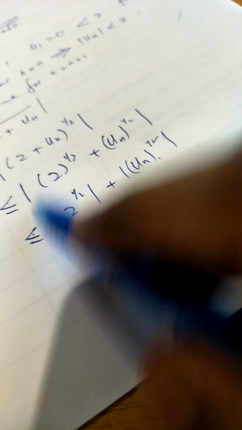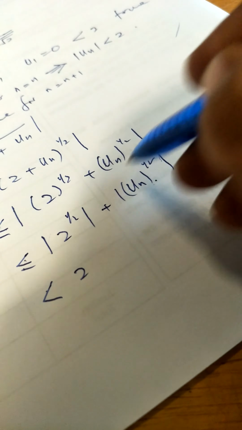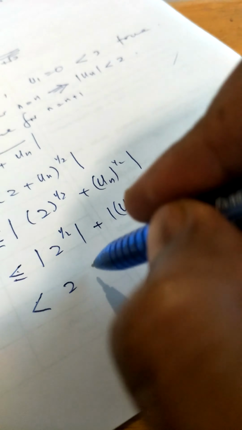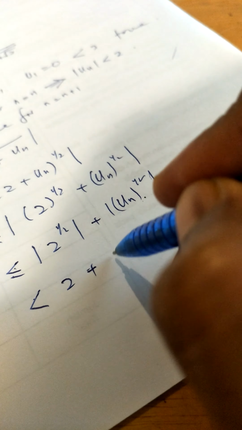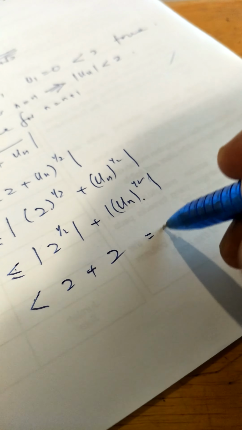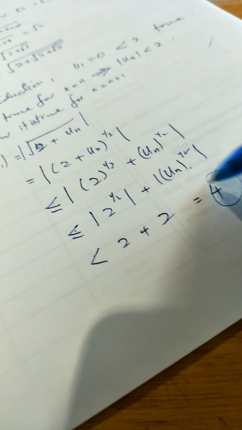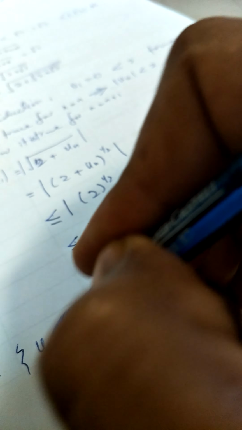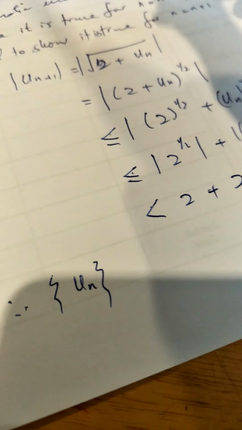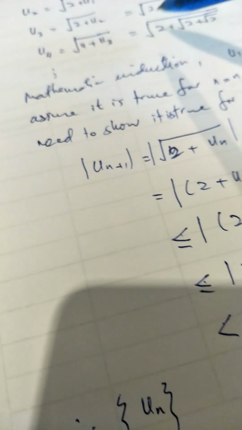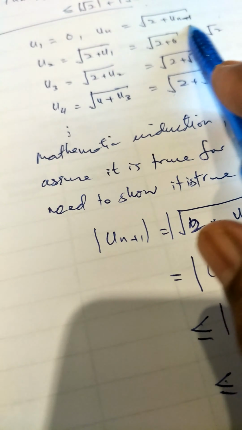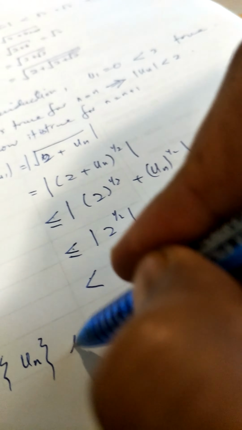We have shown above that un is less than 2, so all total this is 4. So then you can show that un, basically this is your M. Therefore your un, defined by those, is bounded.